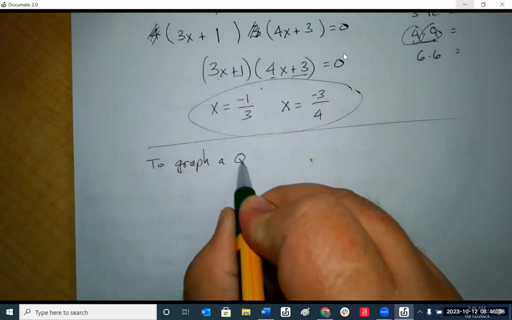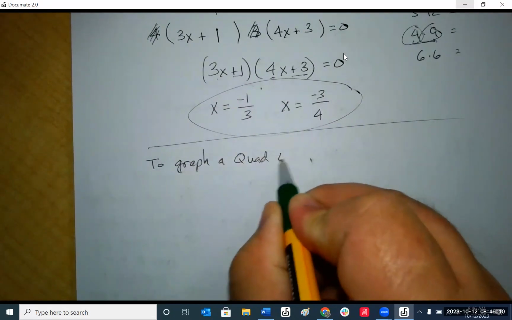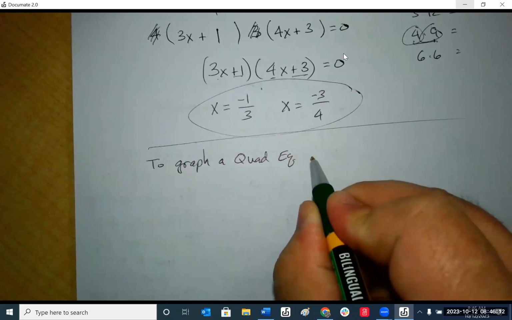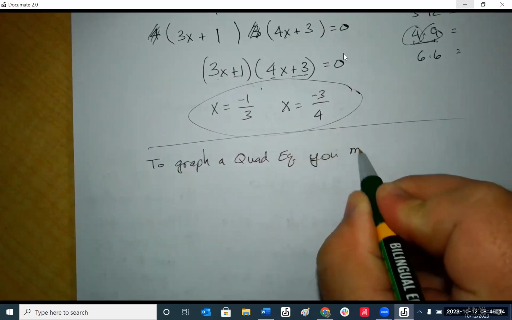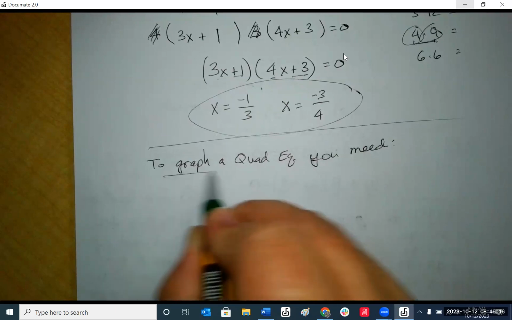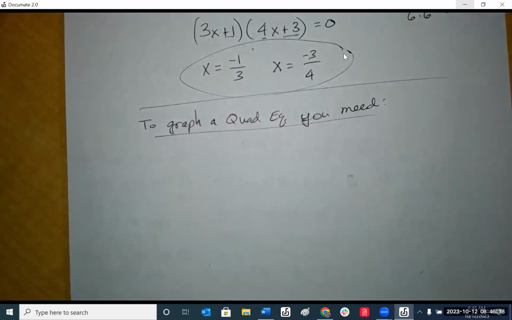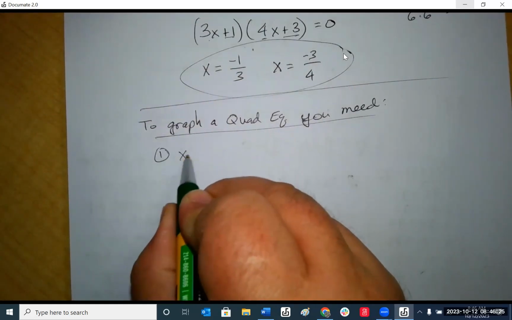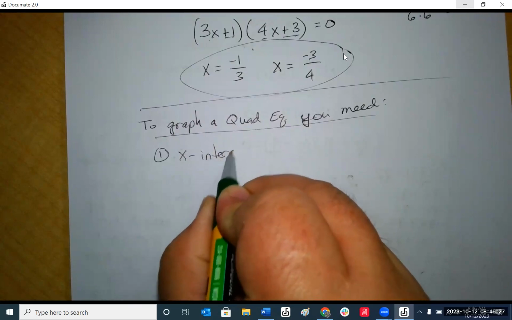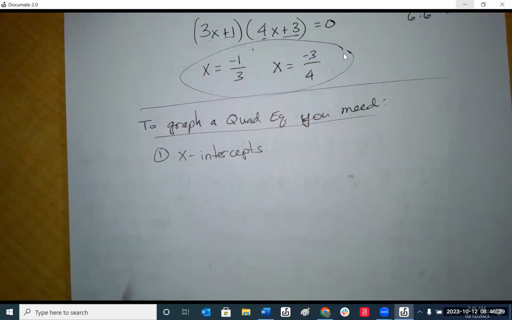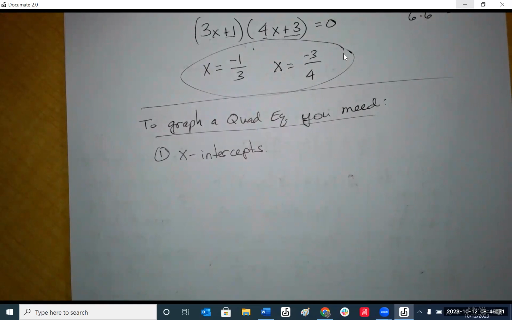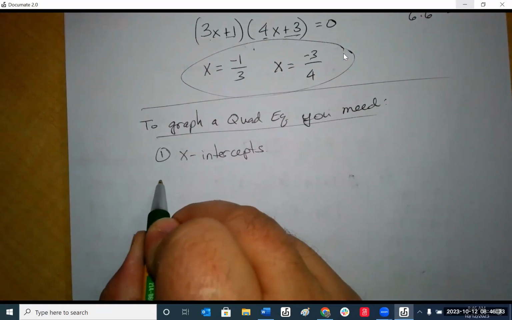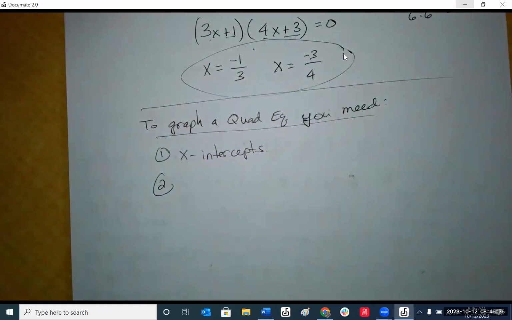To graph a quadratic equation, you need the following. The x-intercepts, which we just figured out how to get.